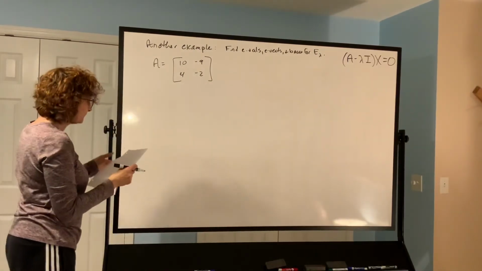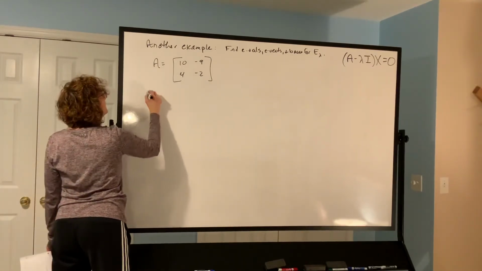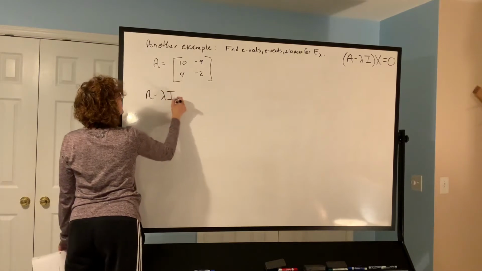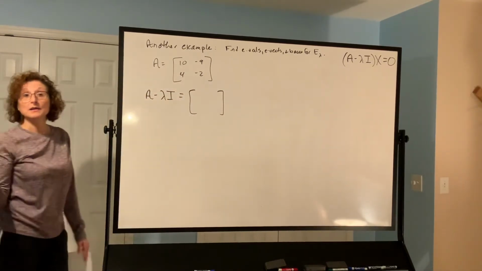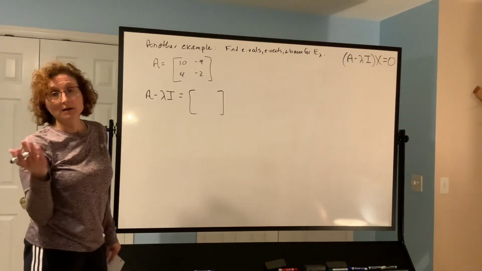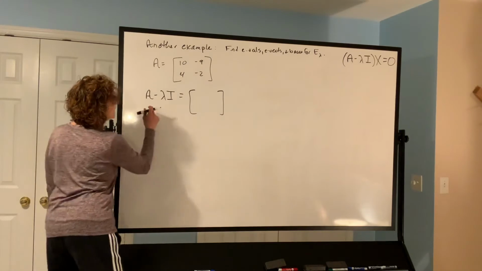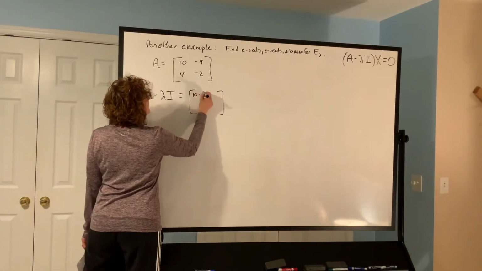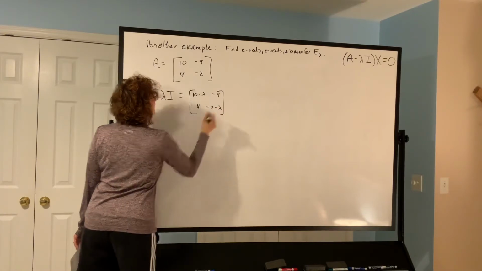Okay, so what do we do? Well, the first thing we do is think about what A minus lambda I is, because the first thing we have to do is find the eigenvalues. So we need the characteristic equation for this matrix. A minus lambda I is 10 minus lambda, -9, 4, -2 minus lambda.